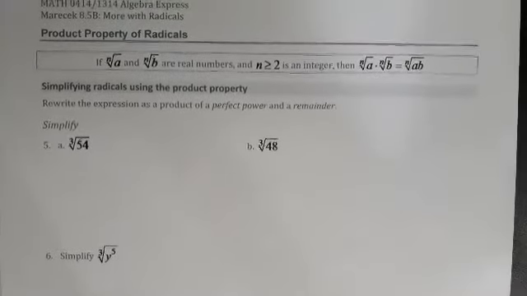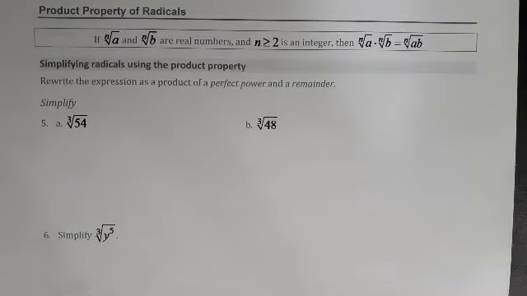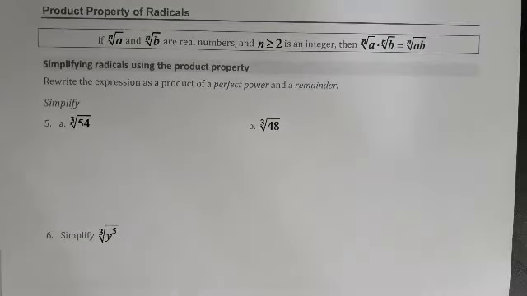Okay. So the next thing they're going over is this product property of radicals. So if the nth root of a and the nth root of b are real numbers, and n is greater than or equal to 2, an integer, then the nth root of a times the nth root of b is equal to the nth root of ab.